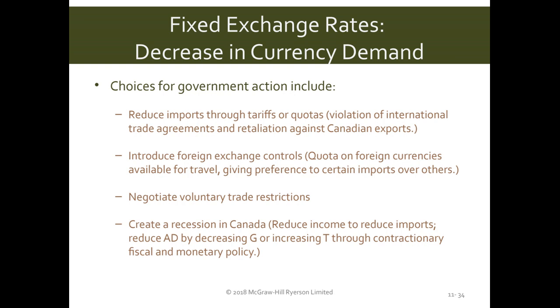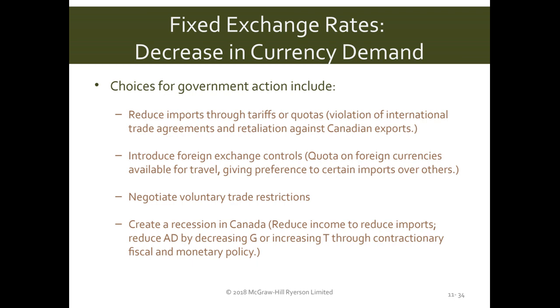So if you impose heavy tariffs on imports, then other countries will also impose high tariffs on your exports as well. So there's a problem. Second, introduce foreign exchange controls. That is, quotas on foreign currencies, because the Bank of Canada already has a shortage of foreign currency. So the Bank of Canada, or government, will put restrictions.